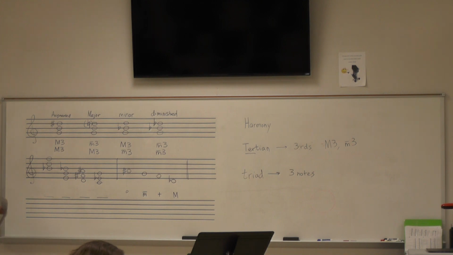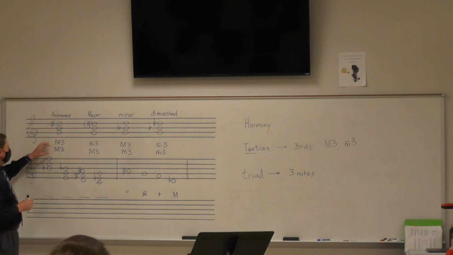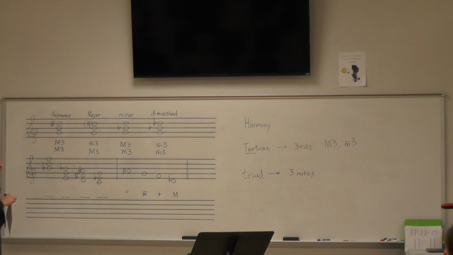Okay, now, let's go just a little bit further with these. Now, I built these by stacking thirds, and rightly so. That's the way the book constructs it, and the way I think it's most understandable. But we can also discover another thing about these four types of triads.